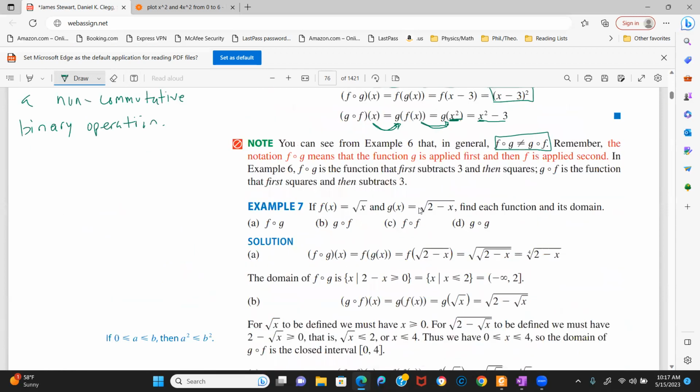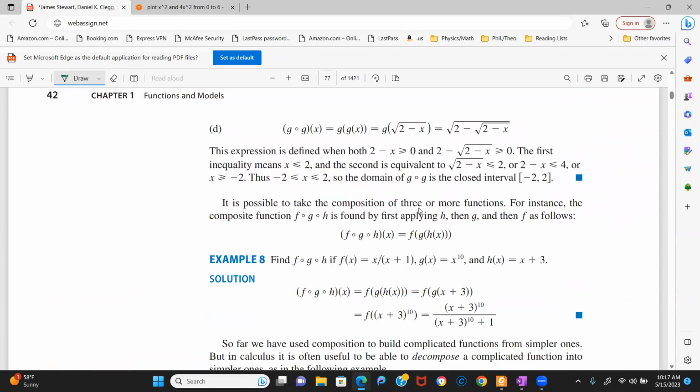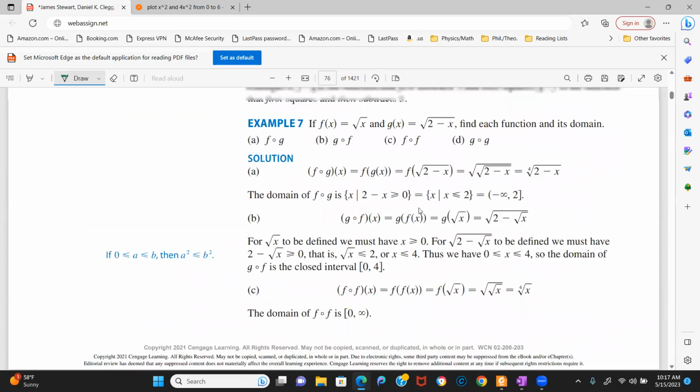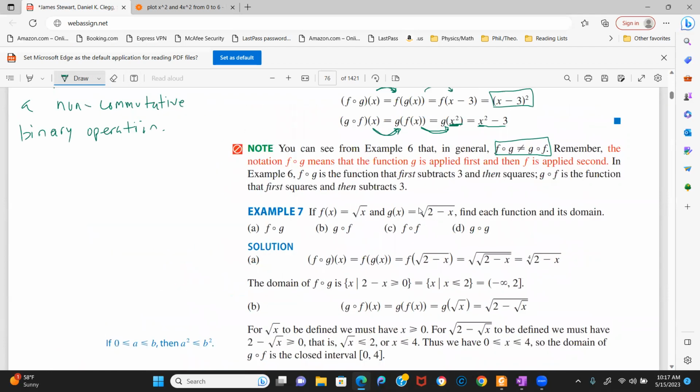All right. So now we'll just go through this one last example right here, and then maybe go through another section. We have f of x is the square root of x, and g of x is the square root of 2 minus x. We saw this one already.